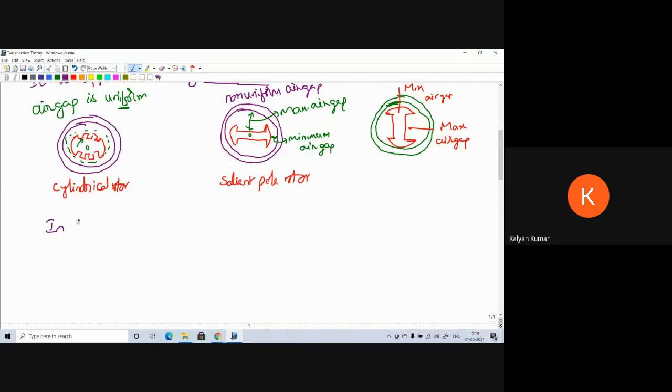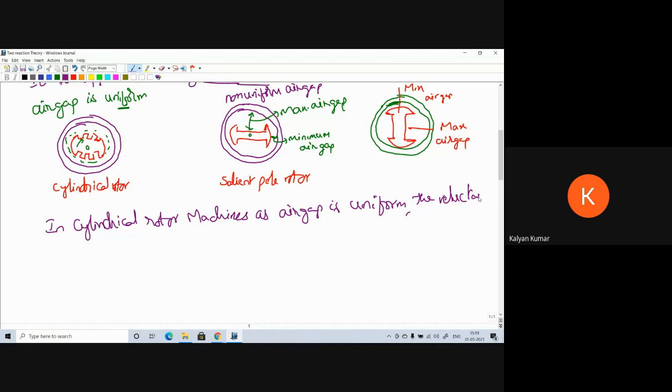So in cylindrical rotor machines, as air gap is uniform, the reluctance offered by the air gap to the magnetic flux is constant.